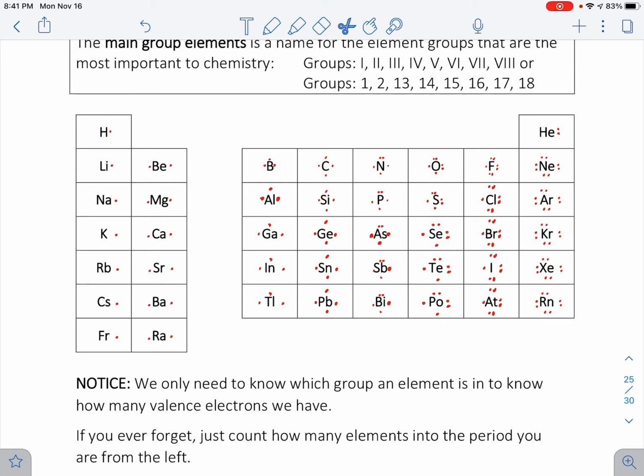What's really important is that we notice how the families are all the same. So all of these have 2 electrons. We could write 1 electron, 2 electrons, 3, 4, 5, 6, 7 electrons, and 8 electrons.